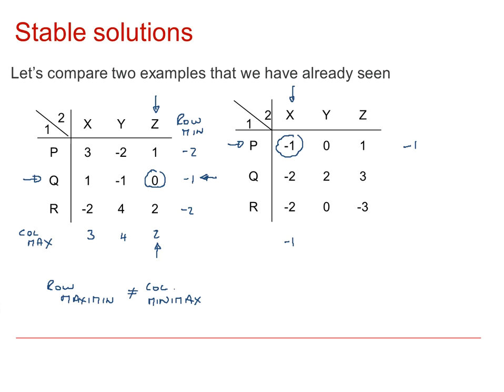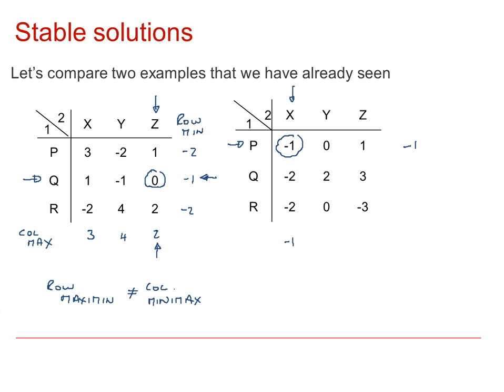There's no point me switching to Q or R because I'm going to be worse off. And player 2 looks at it and thinks also that if I switch to Y or Z, I'm also going to be worse off. So both players are going to stick with their play-safe strategy.